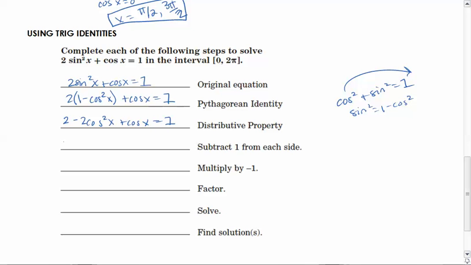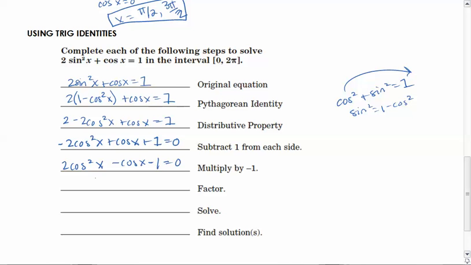So we have now negative 2 cosine squared x plus cosine x plus 1 equals 0. And then we want to multiply everything by negative 1. So we get 2 cosine squared x minus cosine x minus 1 equals 0.